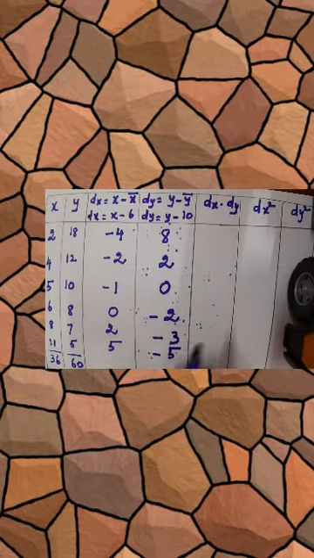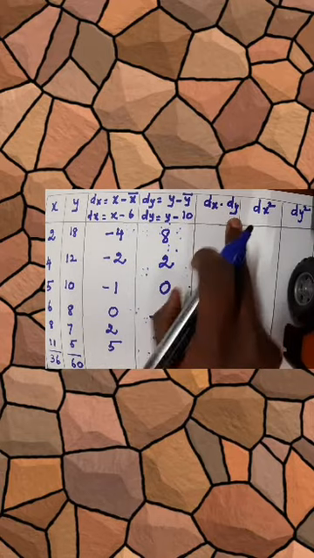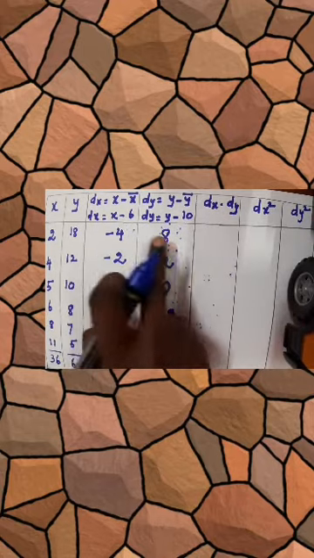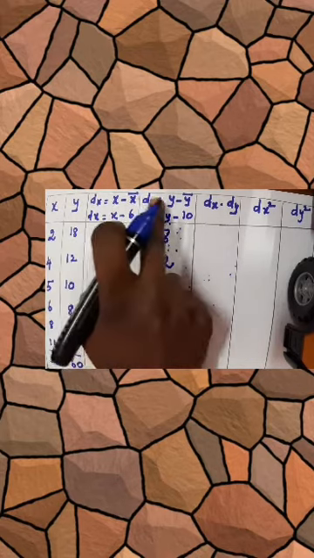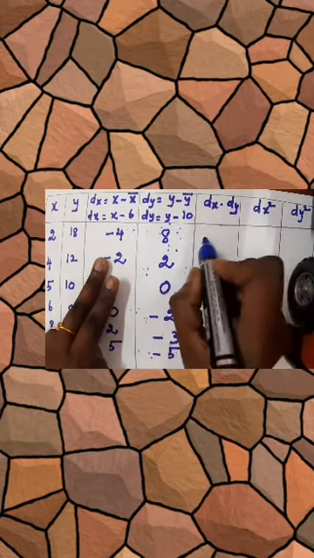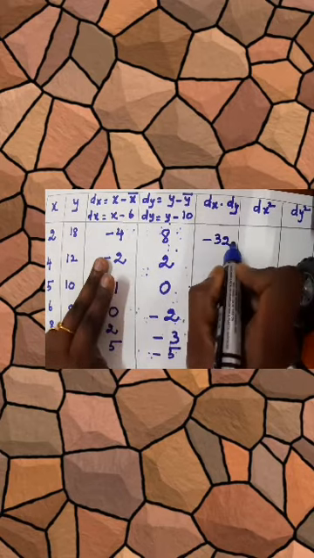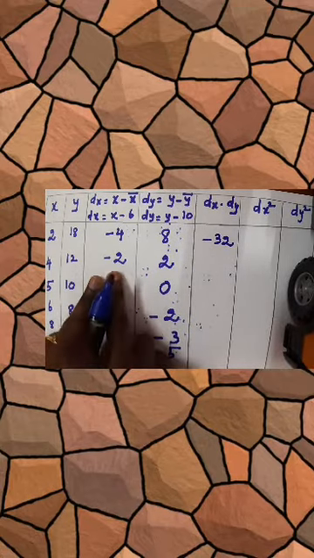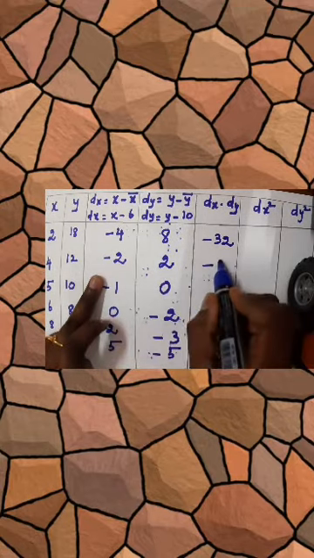Okay. Next we'll see what is dx times dy. Dx times dy is nothing but we have to multiply these two columns. So be careful when you're multiplying. So minus 4 into 8 will give you negative 32. Minus 2 into 2 will give you negative 4.